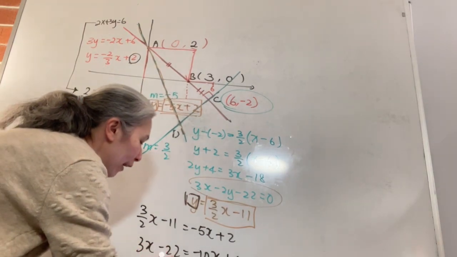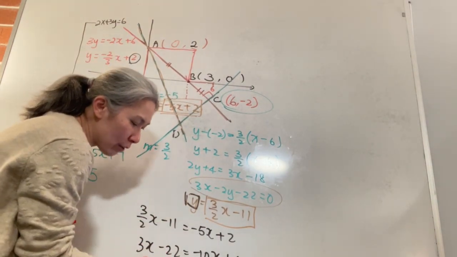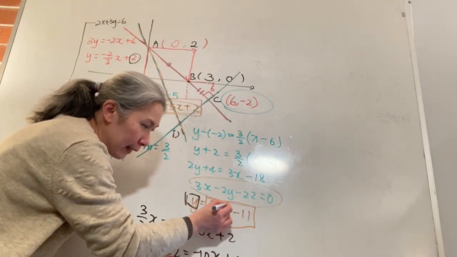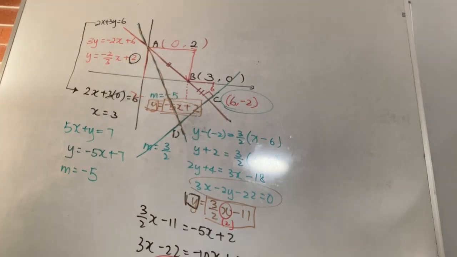Good. If you have x equal to 2, now you want to find the coordinate, so that means sub x equal to 2 into here. Replace this with a 2 in here, then you're able to find out the y.